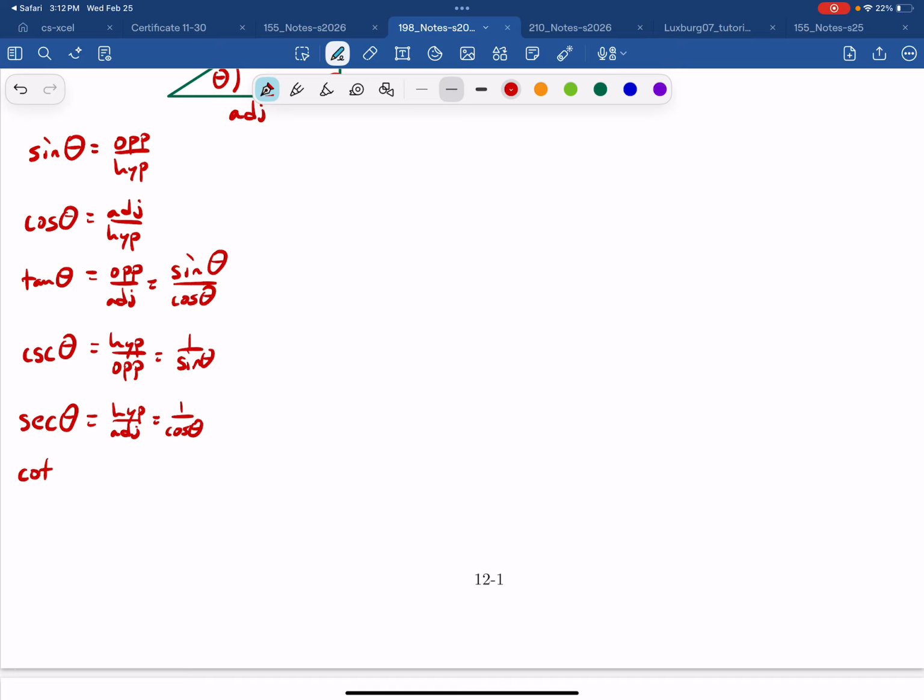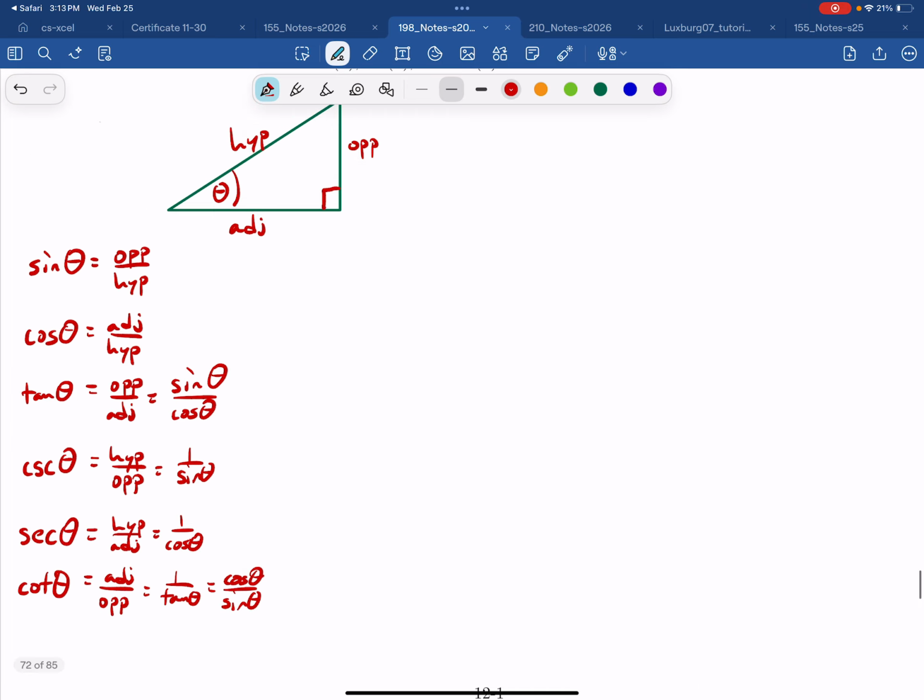And then cotangent of theta equals the length of the adjacent side over the length of the opposite side. You might notice that that's 1 over tangent of theta, and also cosine of theta over sine of theta. These are all good identities to know. Now, these three are far and away the most important, but these guys are also important, so you need to know them.